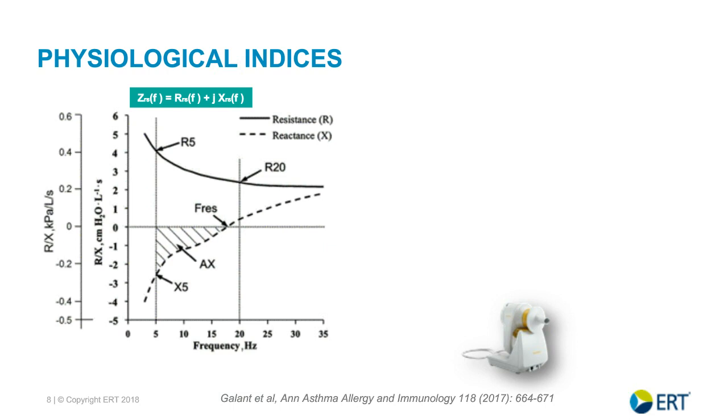And one area of FOT physiology that some folk find difficult to understand is how you get from impedance as a function of time to resistance and reactance as a function of frequency. And it's very, very simple, actually. So the impedance is made up of both the resistive part of the lung and also the reactive part of the lung.